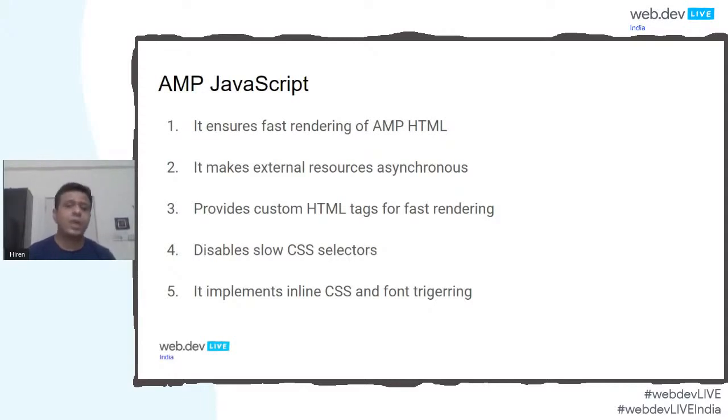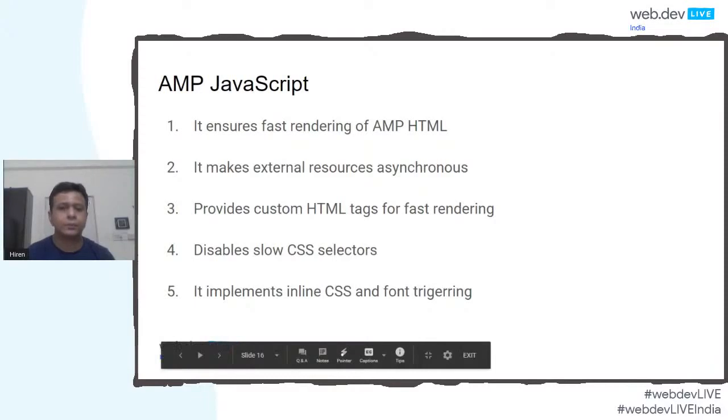And one point I would like to mention is that AMP JavaScript takes care of your layout as well. In your application, if your layouts are changing frequently, let's say your browser is resizing or something else, it is very difficult for the application because the layout changes frequently. All your DOM is re-rendered and there are a lot of heavy operations involved.